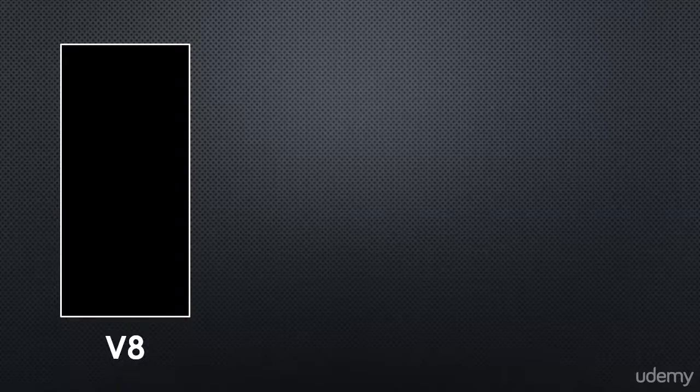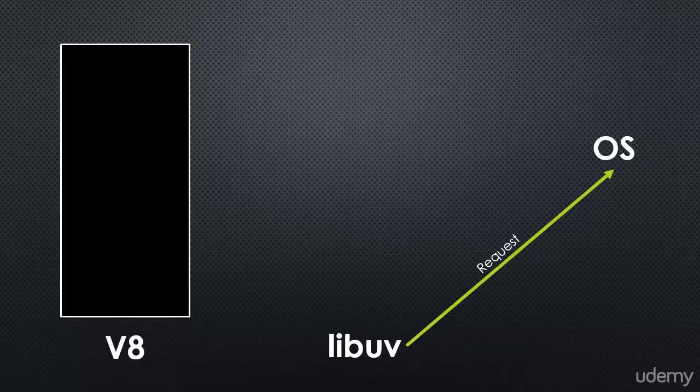Now also inside Node is libuv, another library. This one written specifically to deal with things happening lower level, events occurring in the operating system. So libuv connects by requesting something from the operating system.